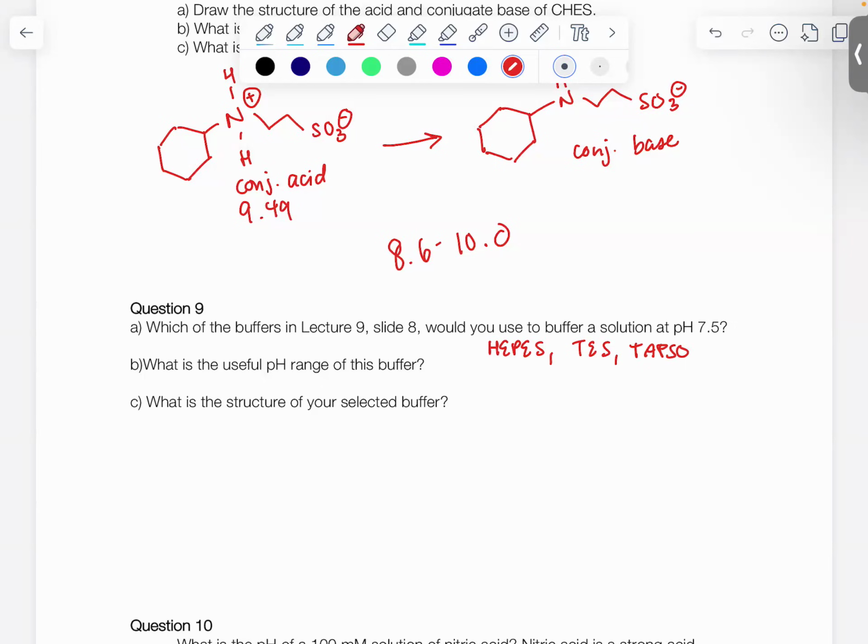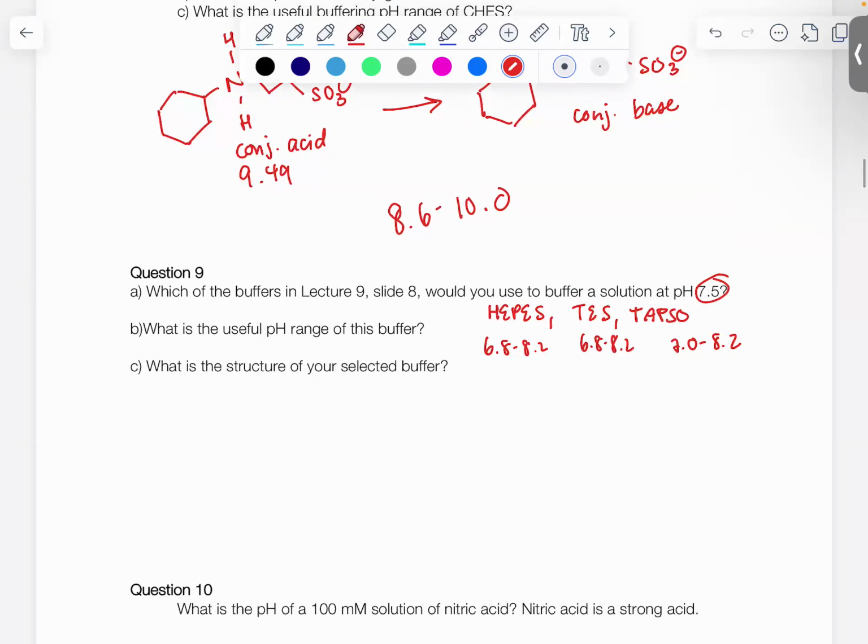And the useful pH ranges are also listed with those. Oh, I'm going to run out of space if I write that big. And all of these include 7.5, which is the range that we're looking at. So then you could look up the structures of these.